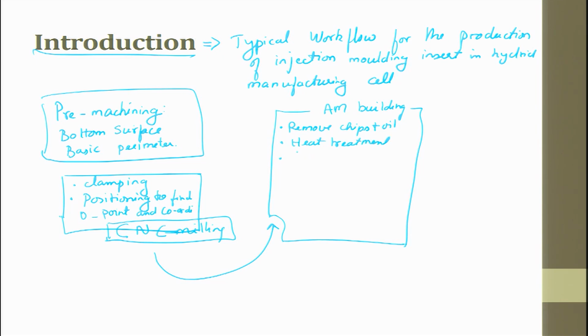So then we check for quality control, whatever we have machined in CNC, if it is okay. Then we clamp and position in the AM unit, because the insert is getting ready and then AM is started.